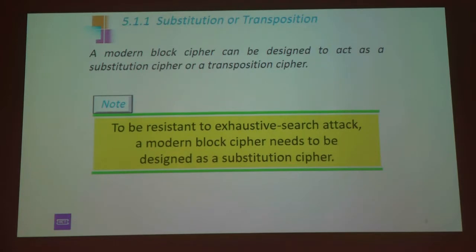So, substitution or transposition. Last time we spoke about two techniques: substitution, where you substitute different values, or transposition, where you switch the location. Both are used in the modern cipher. The modern block cipher can be designed to act as both a substitution and a transposition.